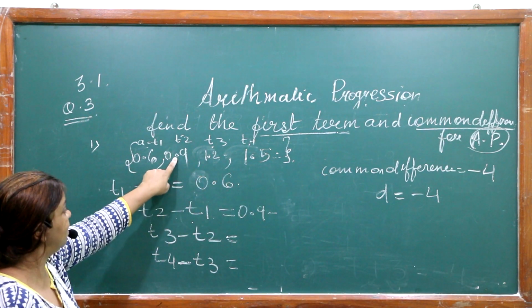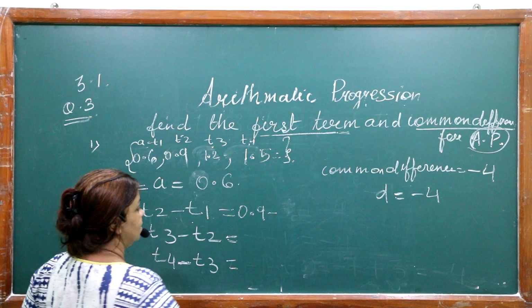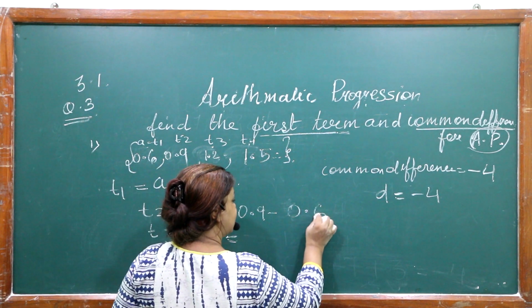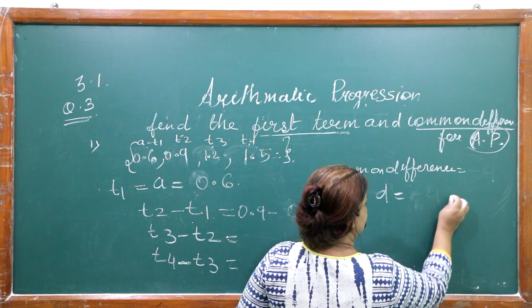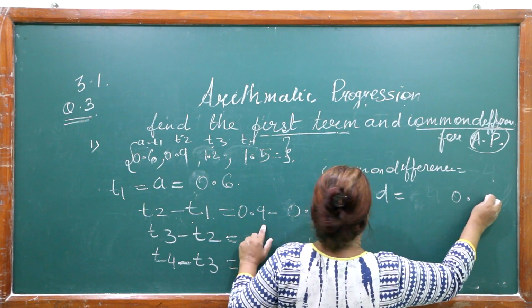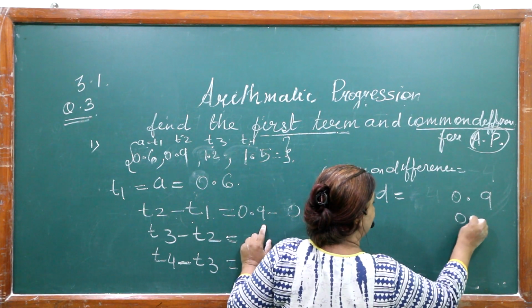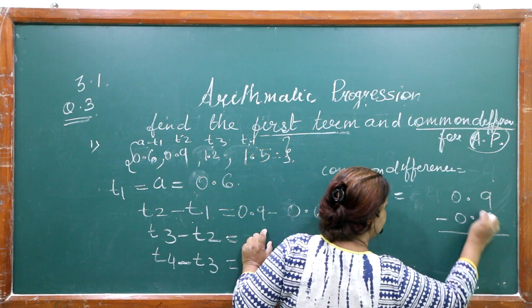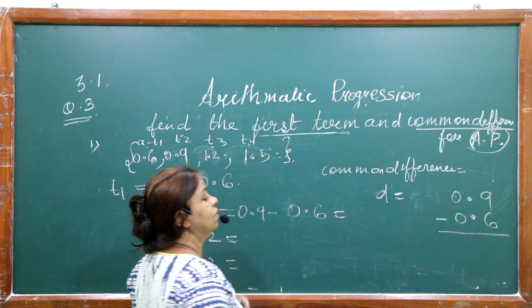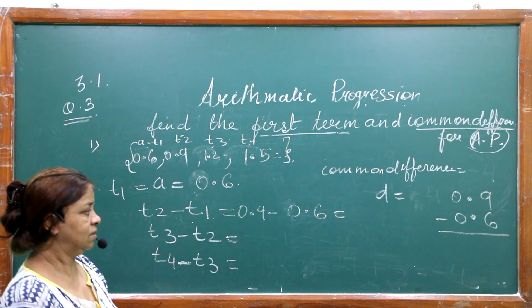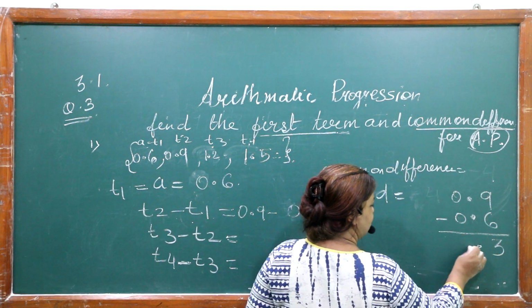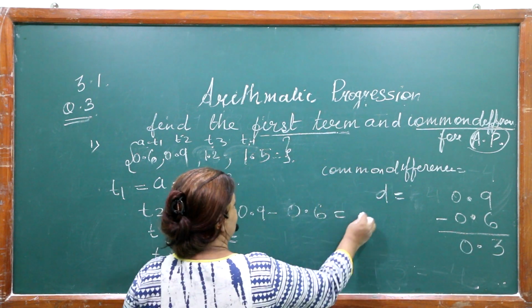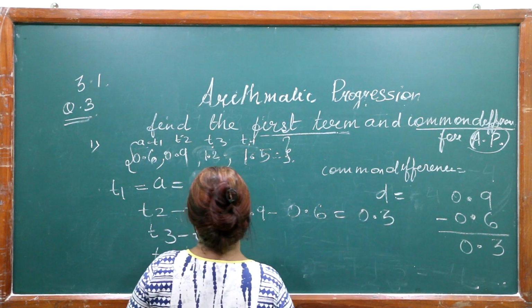Term 2 is 0.9 minus term 1, 0.6. So subtraction here, 0.9 minus 0.6. Remember, always below point should come point, whatever it is. So 9 minus 6 is 3, 0.3. So you get here 0.3.